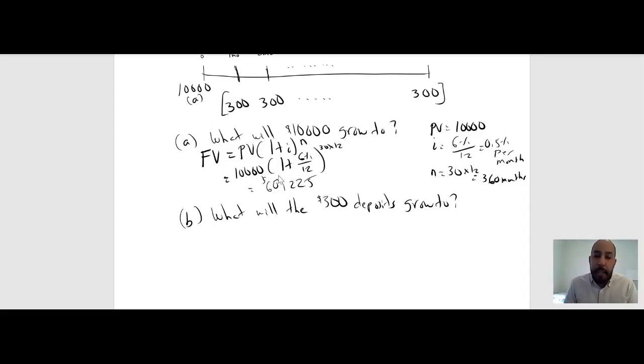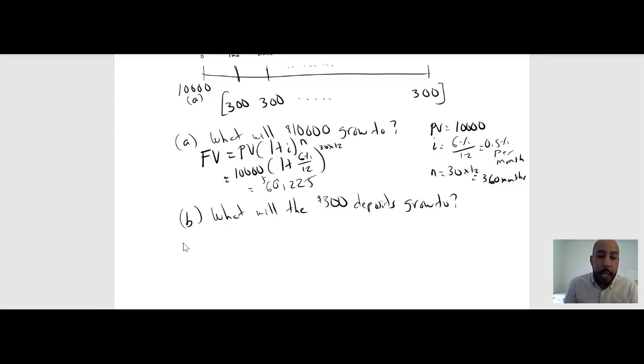Now, the second part is alongside that $10,000 that we're going to have in the account today, we're also going to deposit $300 every month for the next 30 years. So that is an annuity. An annuity is just a regular cash flow that comes at a regular frequency and doesn't change.